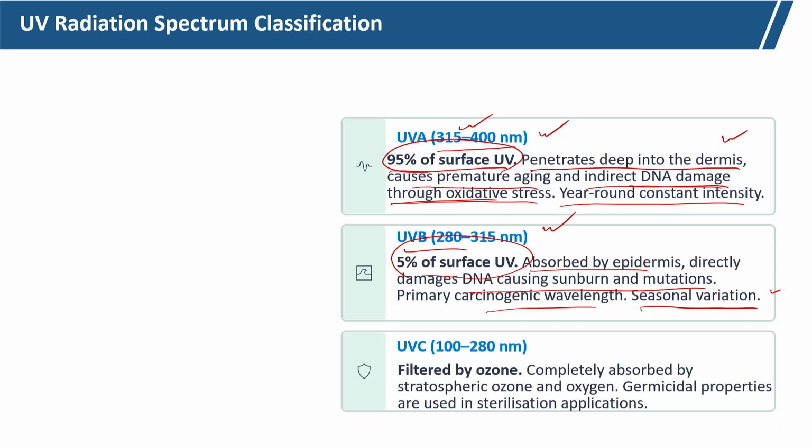And UVC, the wavelength is very small, 100 to 280 nanometer. It has high energy content, but fortunately it is completely filtered by the ozone layer in the atmosphere, absorbed by stratospheric ozone and oxygen.